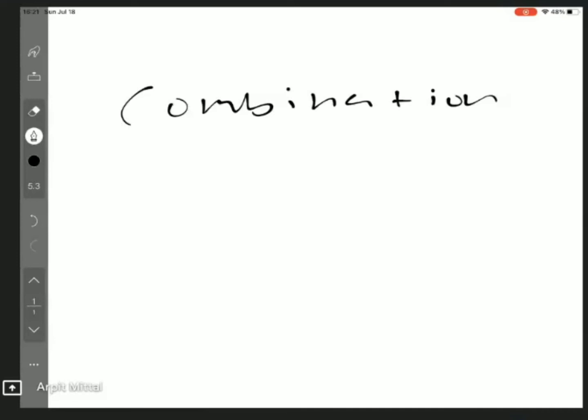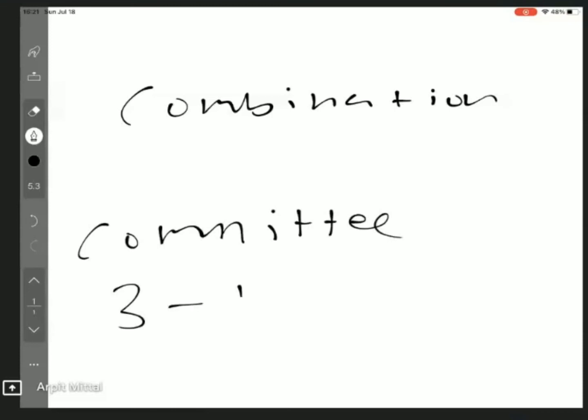So our first example in a permutation was the number of ways to select 3 officers from a club of 10 people. A similar combination would be the number of ways to select a committee of 3 people from a club of 10 people, because in a committee, the order does not matter.